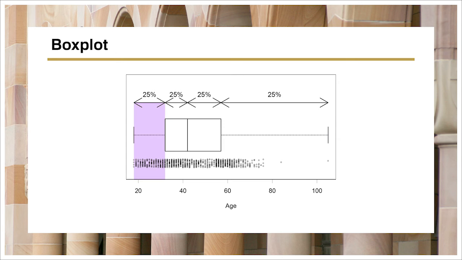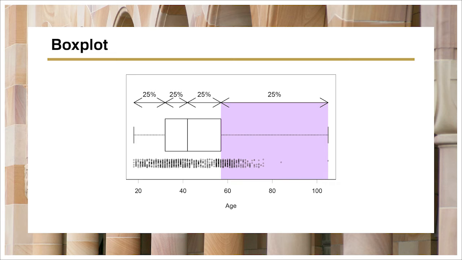25% of respondents are between 18 and 32 years old. That's the distance between the left vertical line and the left vertical border of the box. 25% of respondents are between 32 and 42 years old. 42 is the median, and it's depicted by the thick vertical line in the middle of the box. 25% of respondents are between 42 and 57 years old, and the final 25% are between 57 and 105.